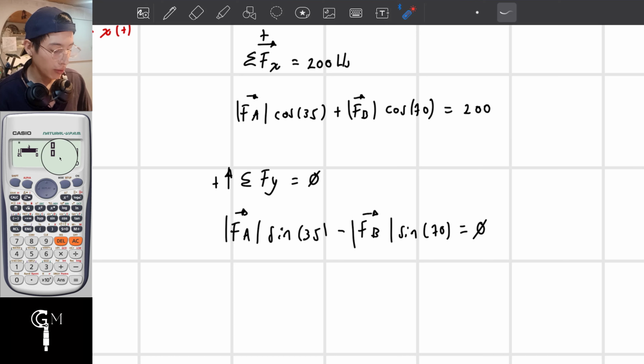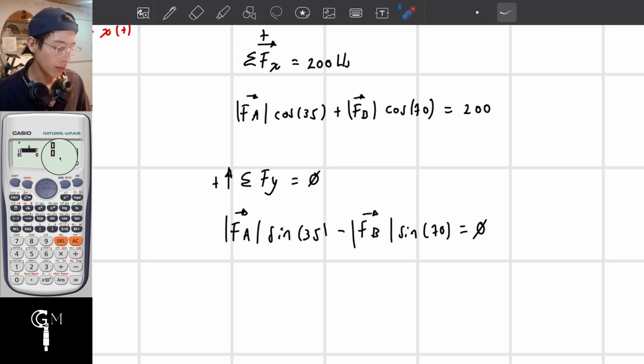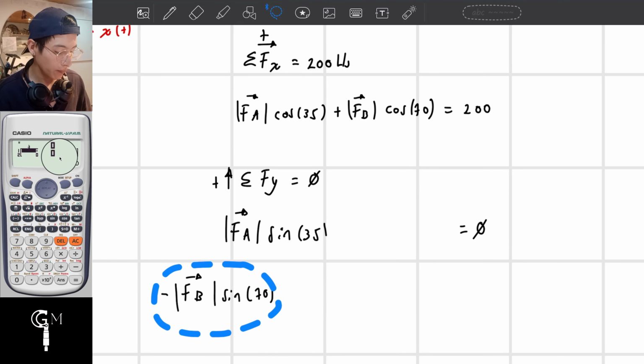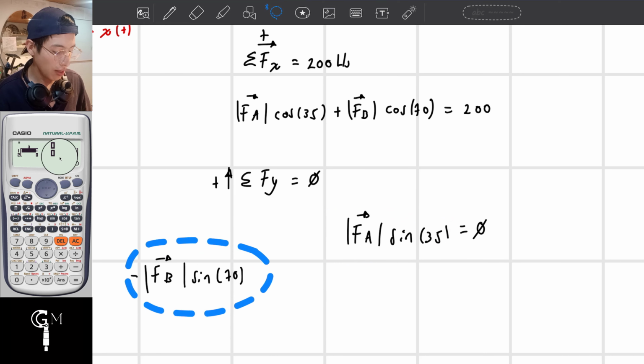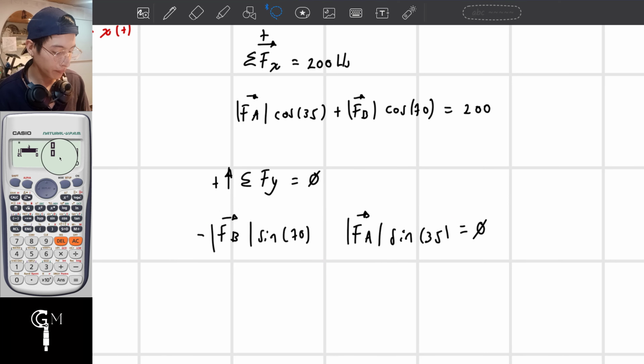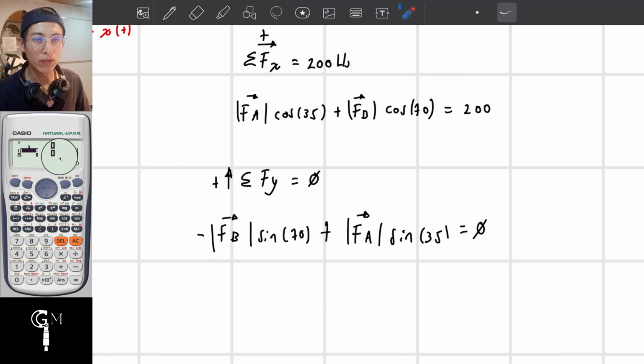Make sure that this and this correspond. All right, for example, if the order changes like this, this is still correct.